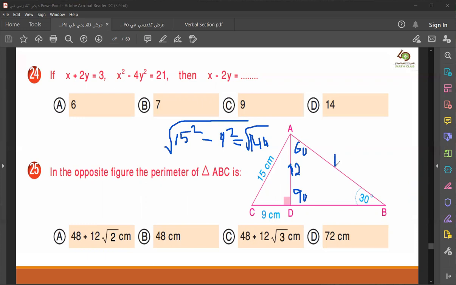So 12, then the answer here is 24, and here will be 12 square root of 3. You must know everything, the length of the triangle. You add now 15 plus 9 plus 24, it is 48, plus 12 square root of 3. The answer is C. Okay, the answer is C. Right.